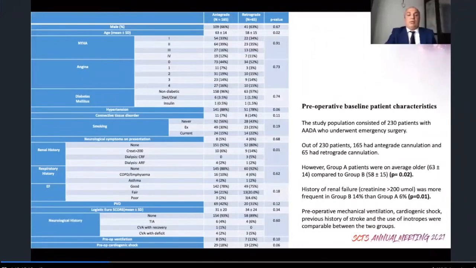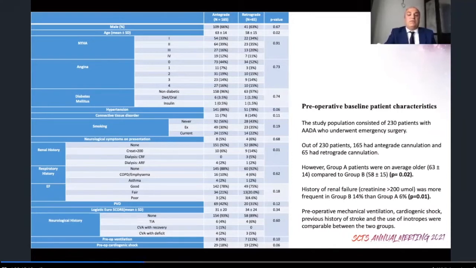The table on the left, apologies for being so crowded, shows all the demographics and preoperative medical findings that we had on these patients, and we looked at the differences. The main difference was that the Group A patients were a bit older than Group B patients, 63 versus 58 median age.